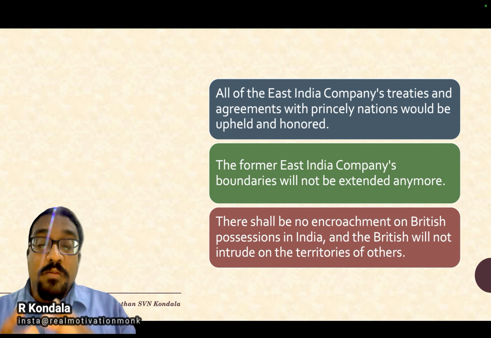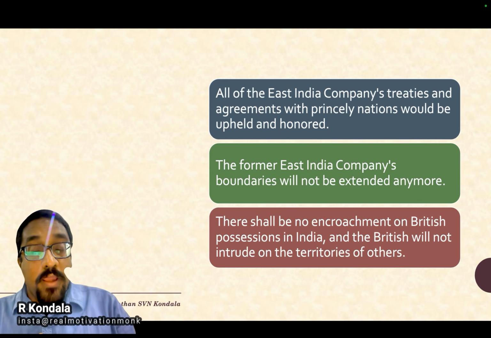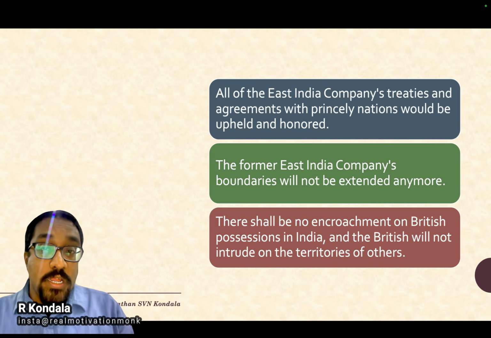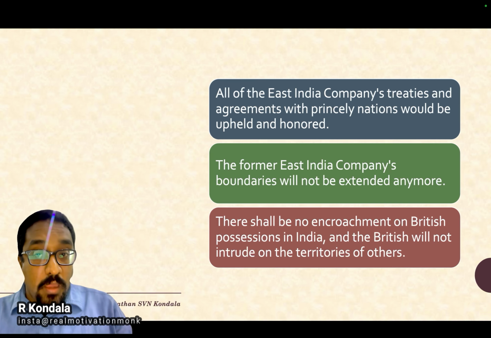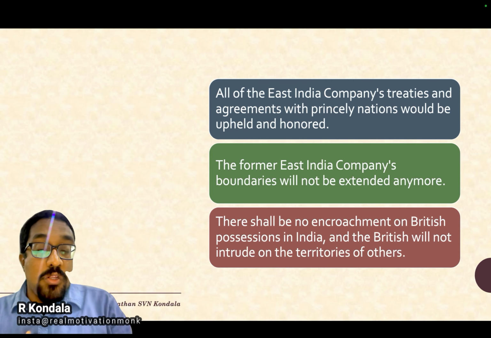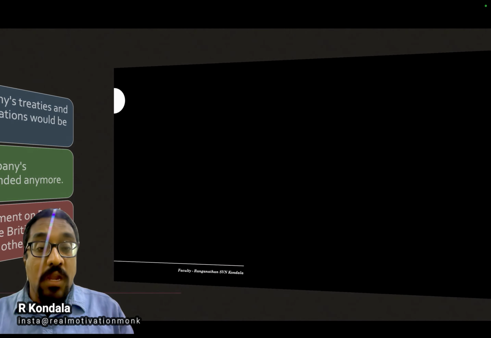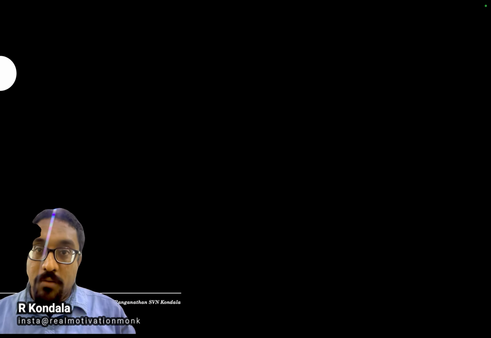So essentially, Britain was saying that we will retain the same policies and the same respect of the East India Company's model. At the same time, we will not expand any further. So essentially, in principle, the idea of further colonization in India was suspended.